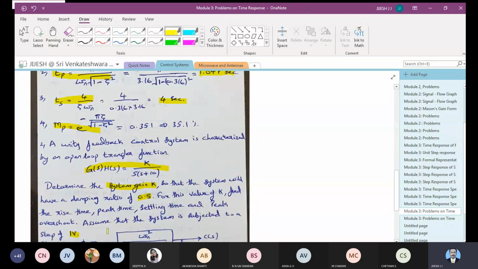So a slightly different problem where the value of k has to be found first, and then we have to proceed for the rest of the things like rise time, peak time, settling time, and overshoot.